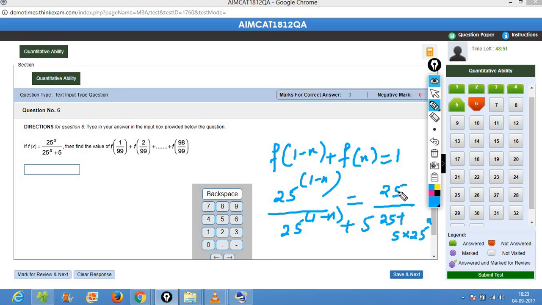So this 5 will get cancelled out. I will be left with 5 upon 5 plus 25 raised to power x, which is the same as the denominator. So while adding these two functions, I will get the value equal to 1. So fine. There are 98 such numbers, so there will be 49 pairs. So the answer will be 49.